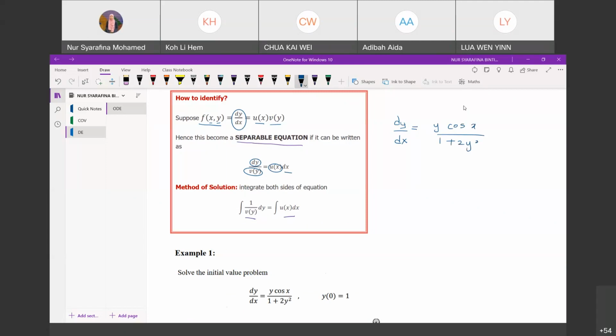So now we need to separate the function first according to its differential. For y with dy, for x with dx. So now can we just separate this function? Can or cannot? What is the separated version from here?